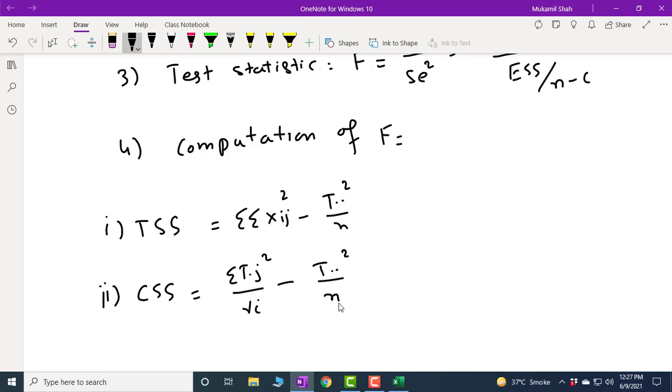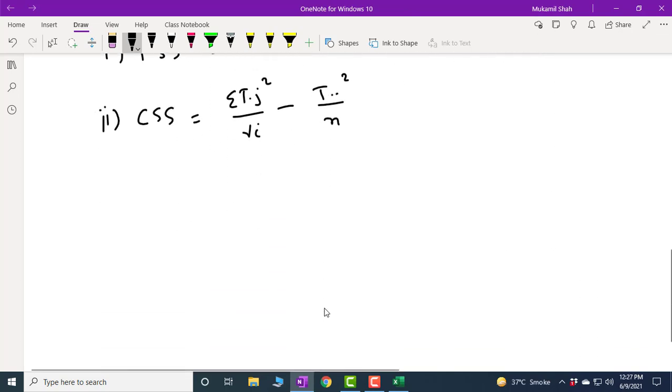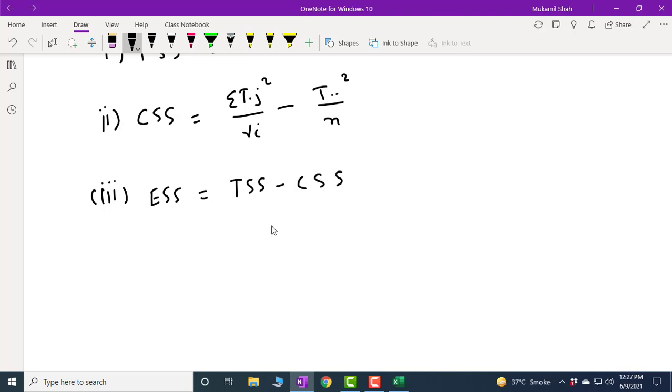T double dot square divided by n is known as the correction factor. Then you need to calculate the error sum of square. Error sum of square is given by the difference: if you subtract the column sum of square from the total sum of square, you get the error sum of square.